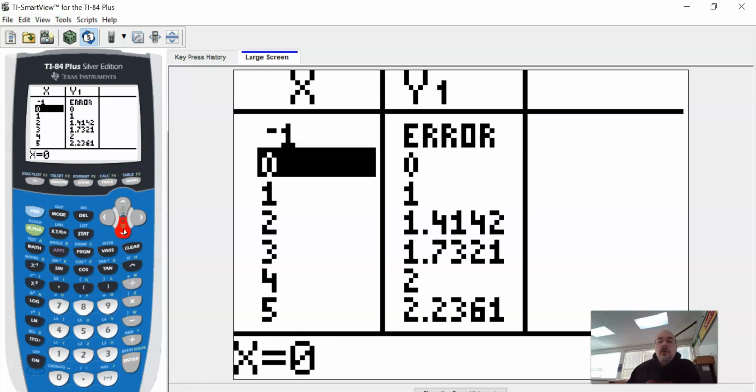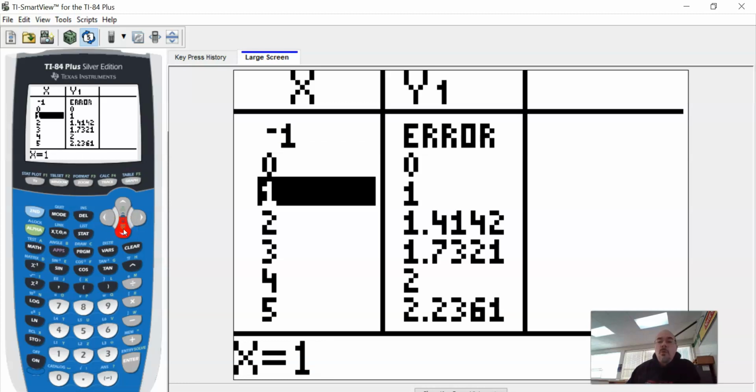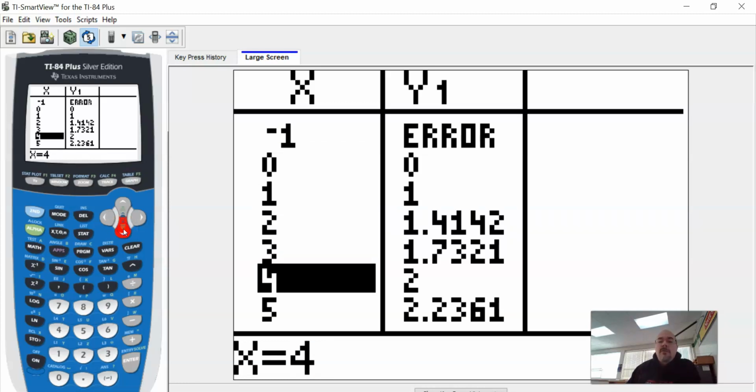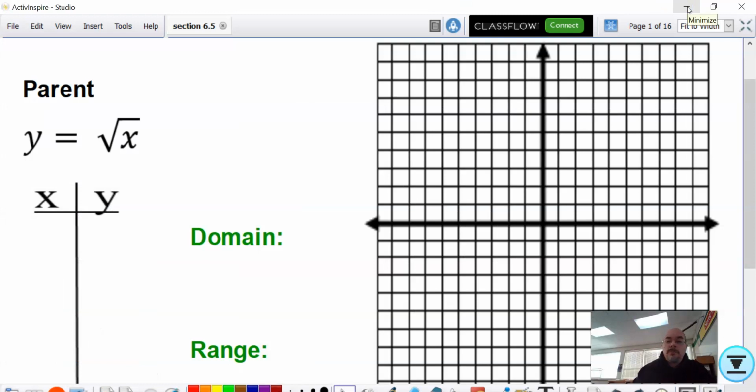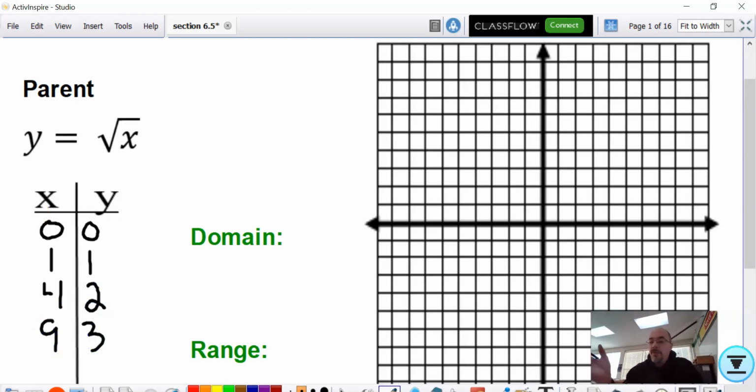So we're going to put 0, 0, 1, 1, 4, 2, and I bet the next one is 9, 3. I'm going to go ahead and put these in. Skip all the decimals.